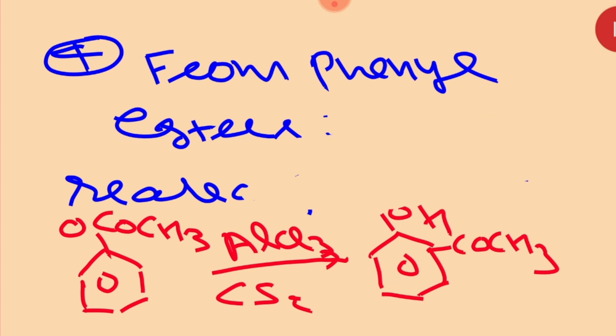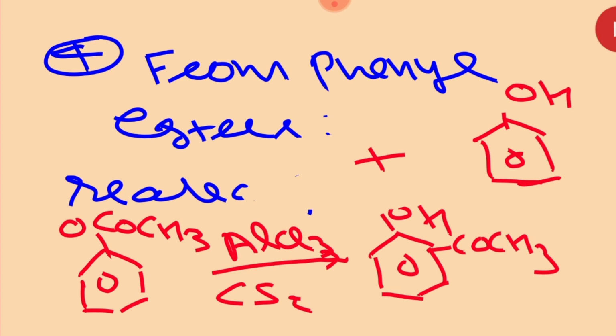Okay, you see please, all of you: plus OH and COCH3. Is that clear? This is called Fries rearrangement. But this Fries rearrangement we have also done in the case of alcohol, phenol and ether. Okay students, thank you very much. We have completed the preparation of ketones only. Okay, thank you to all of you.